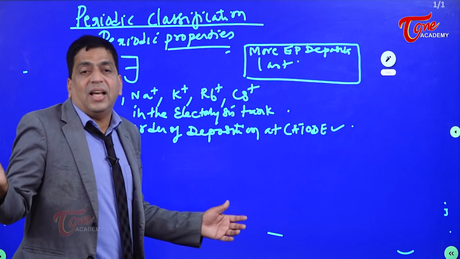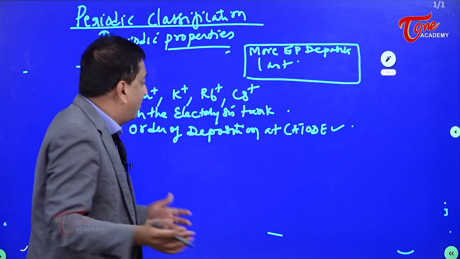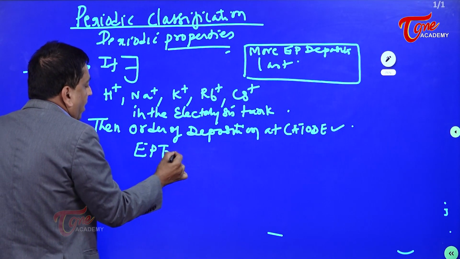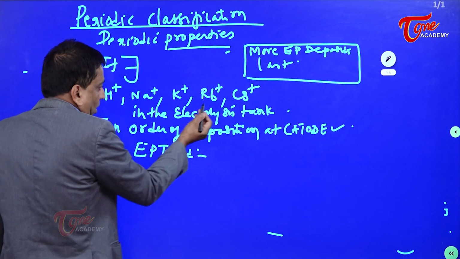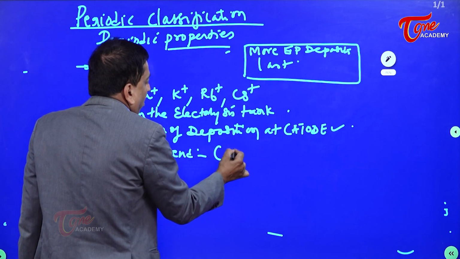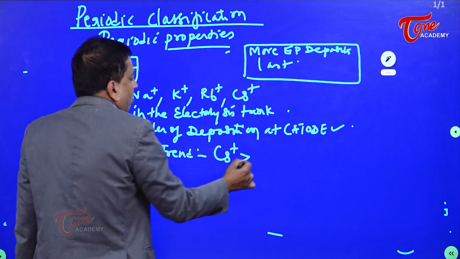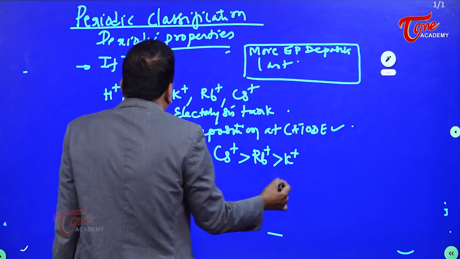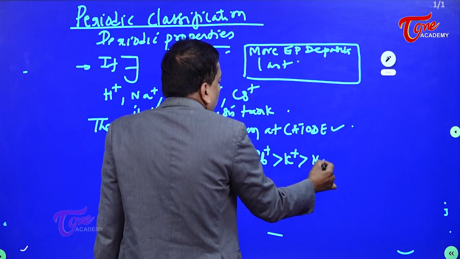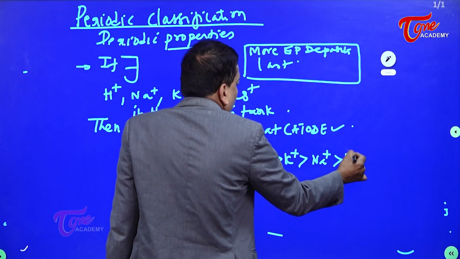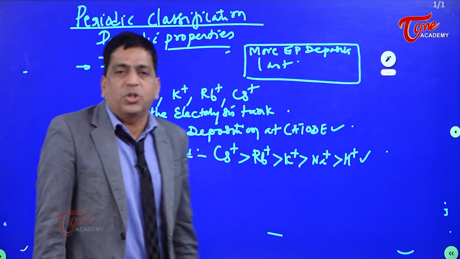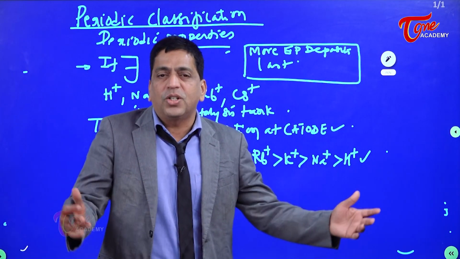Then if I write the electropositivity trend in all this, Cs+ is the highest electropositive compared to Rb+, compared to K+, compared to Na+, compared to what? H+. You must understand. That is the order of electropositivity. The highest is what?